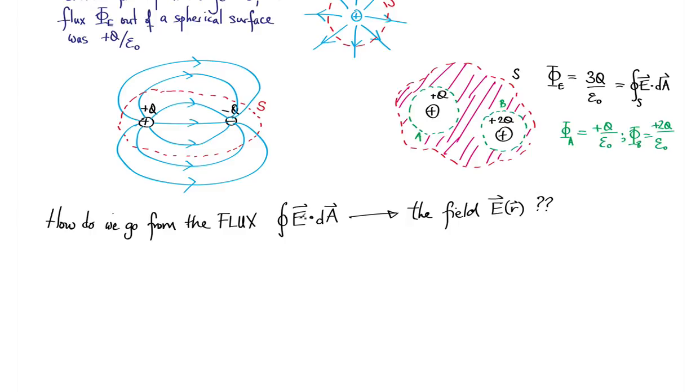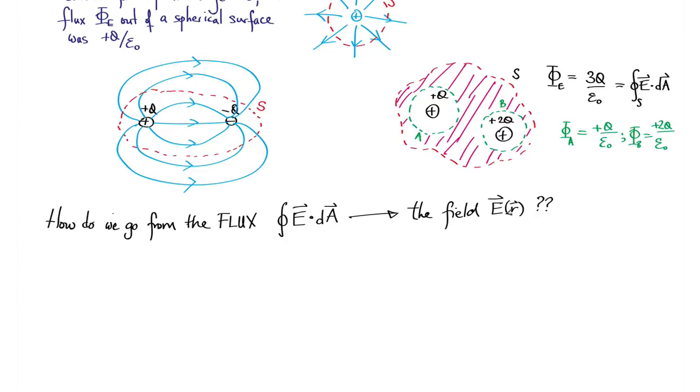But the law is only talking about this integral. So how do we go from this back to the thing we actually want, which is this? In general, it's not true that we can easily get the electric field from this in every case. Gauss's law is always true no matter what, but there are only a few particular instances where we can actually get the electric field for that charge distribution.